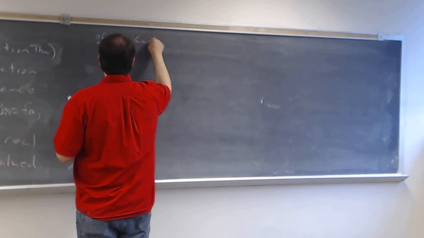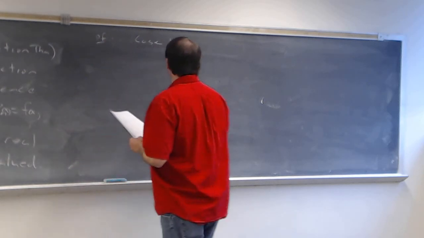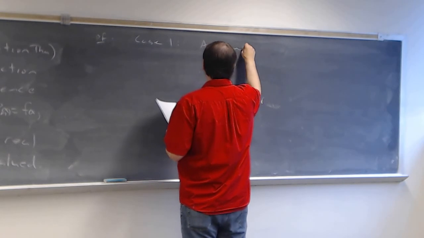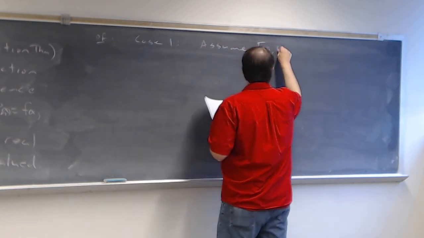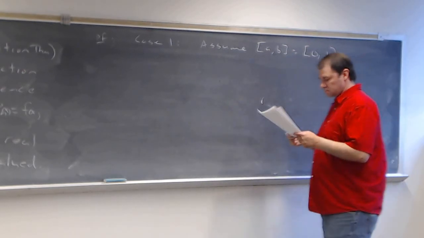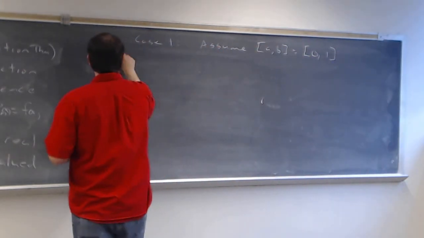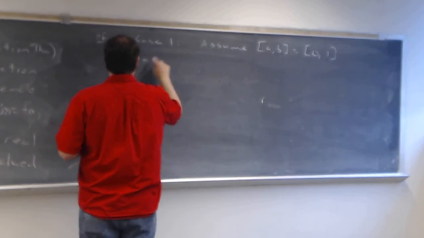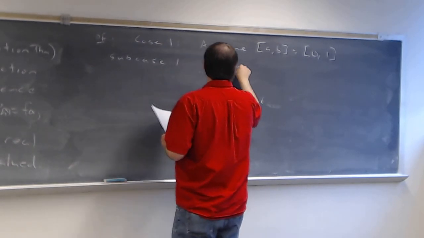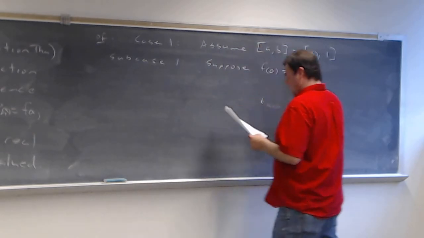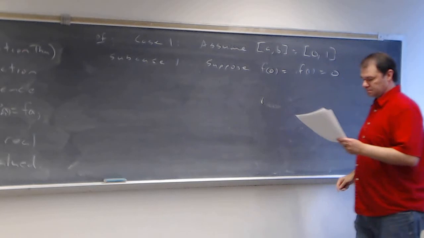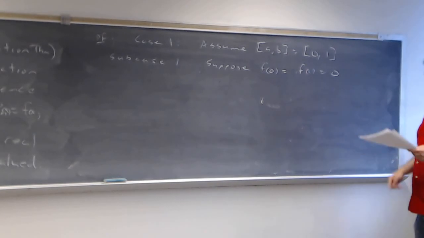First of all, for case 1, I'm just going to have a couple of subcases. We're going to assume the interval a to b is 0 to 1. Subcase 1, under this assumption, is that we're going to suppose f of 0 is equal to f of 1, which equals 0.